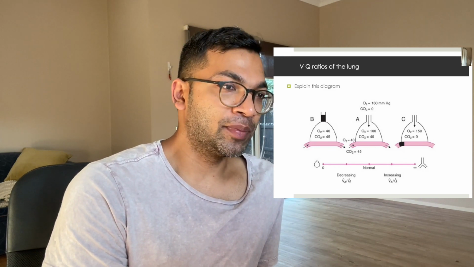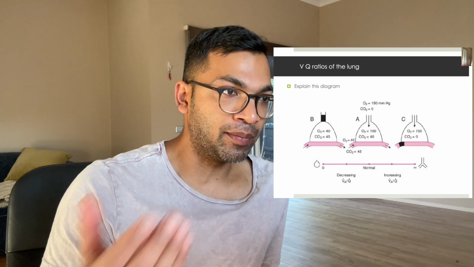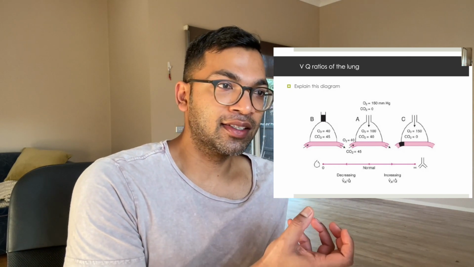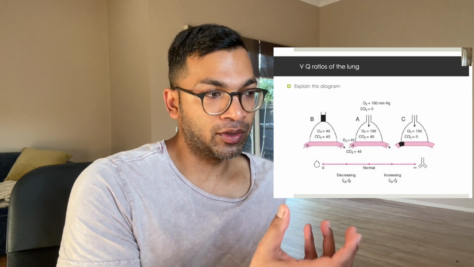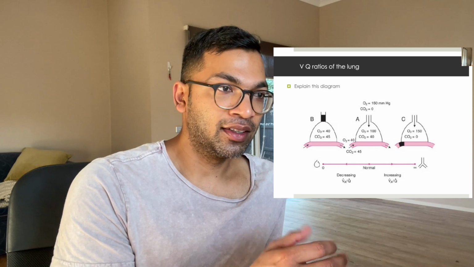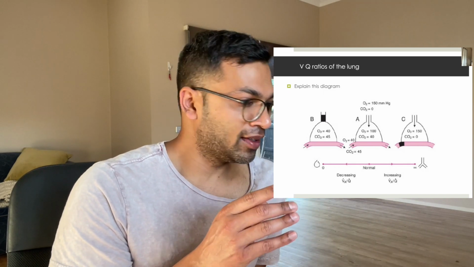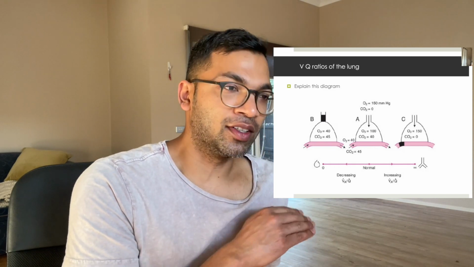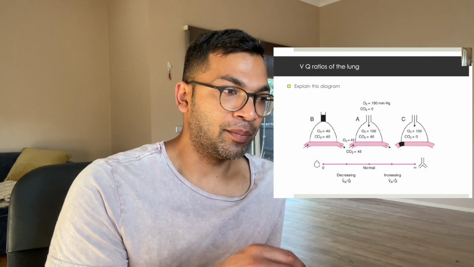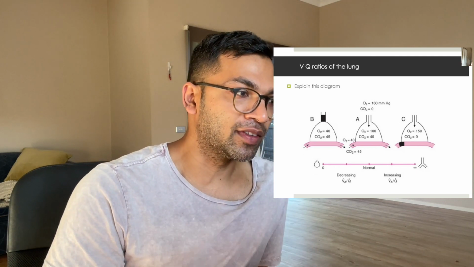For example, any of these pathologies can cause changing VQ ratios, which will contribute to venous admixture. And at the worst case, something like severe consolidation or lung collapse will cause absolute shunt. That's how I talk about it, because the human body is often a spectrum of problems, and pulmonary embolism, asthma, APO, all of these are really great examples of it.